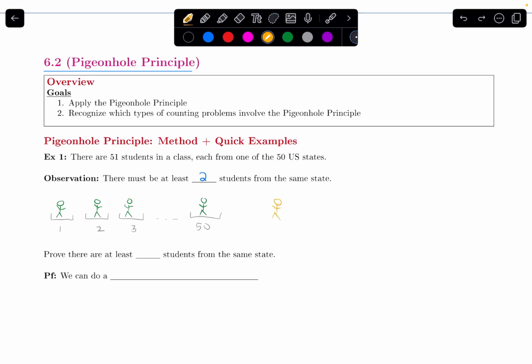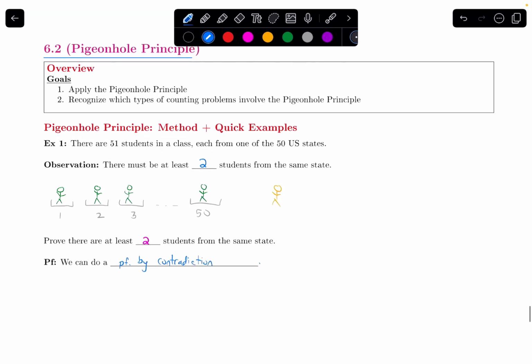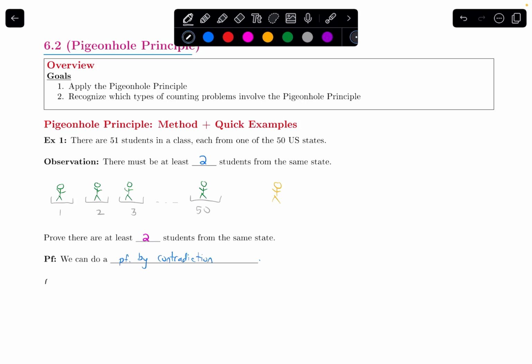So how do we prove this? How do I prove that there are at least 2 students from the same state? We can do a proof by contradiction. So we're going to proceed by contradiction. We're going to assume for the sake of contradiction, if my goal is to show that there is some state that has at least 2 students from it, I'm going to be assuming the opposite of that.